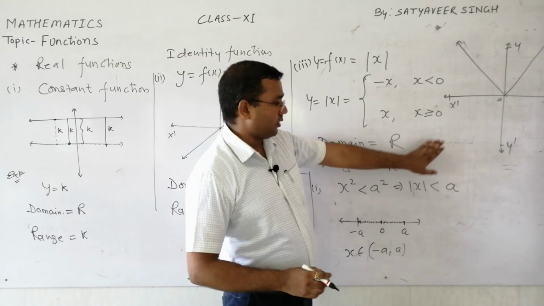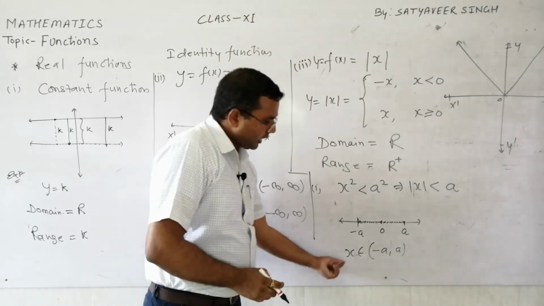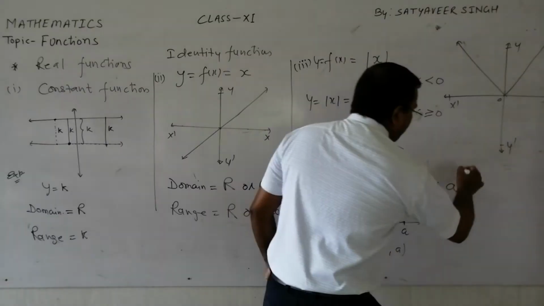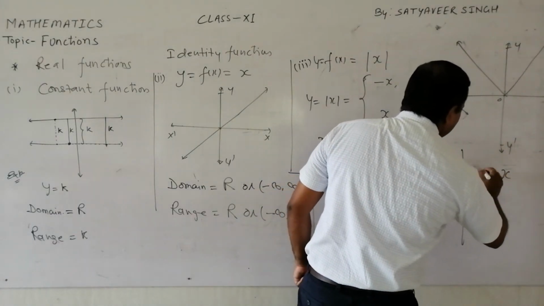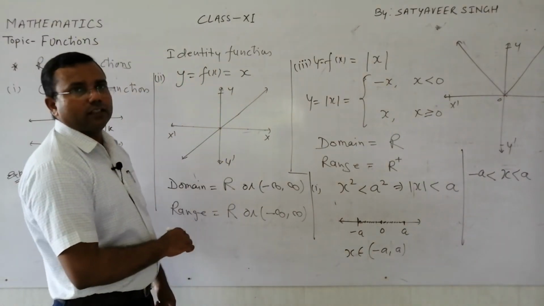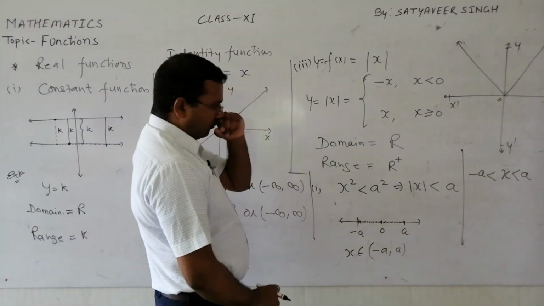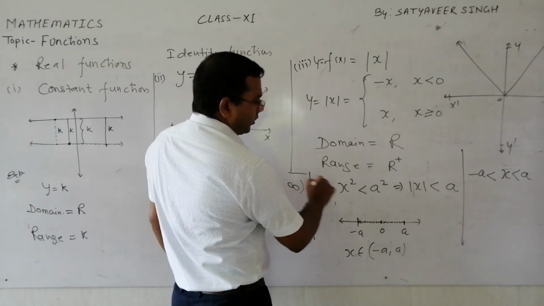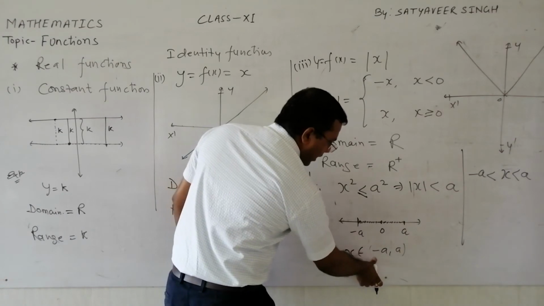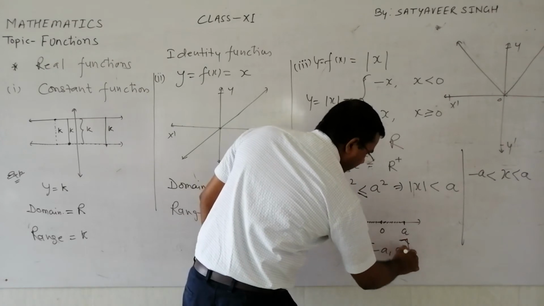Somewhere it is written like modulus x is less than a, but students generally do not analyze this. It means x has a limit from minus a to a, or we can write x is greater than minus a and less than a. So these are certain properties. At the same time, if the inequality is less than or equal, then this open bracket converts into a closed bracket, so it will be a closed interval.